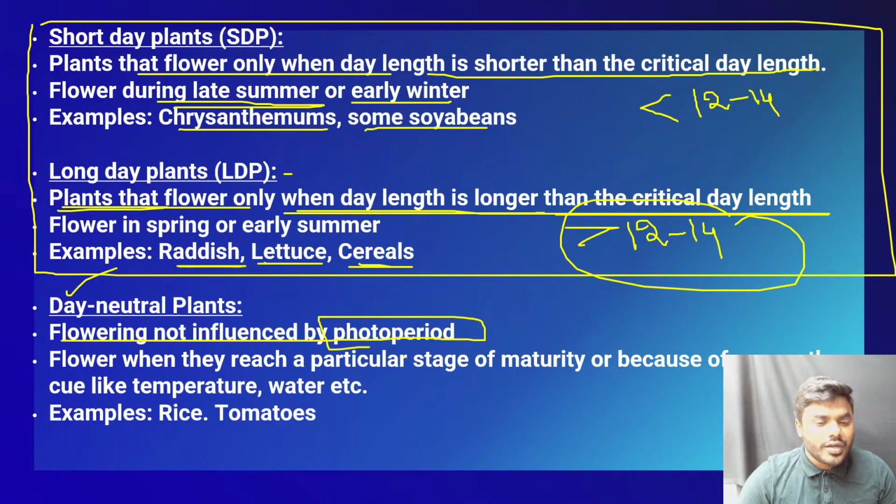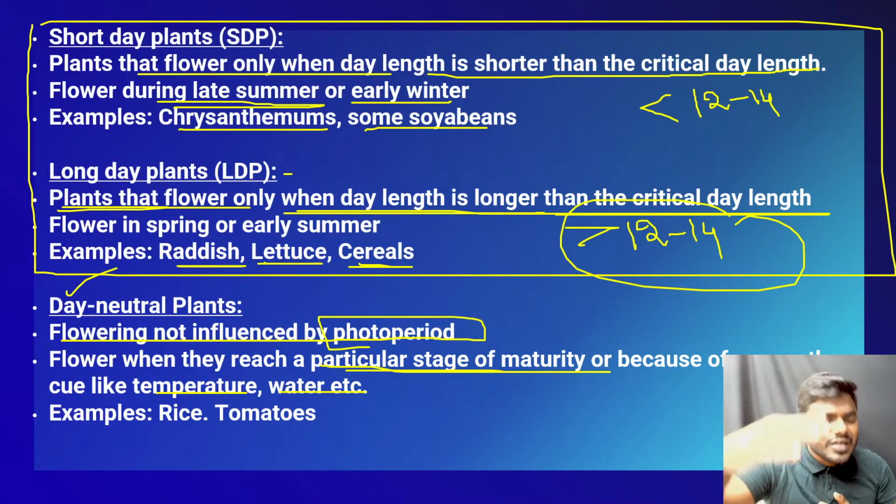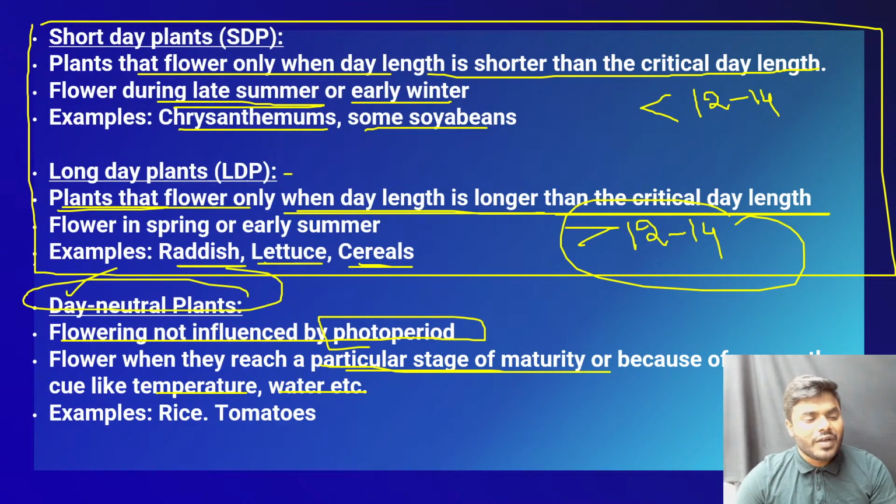Flowering only occurs when they reach a particular stage of maturity or certain external cues like temperature and water. Once they reach the particular stage of maturity, they automatically undergo the process of flowering. It doesn't matter whether the day length is more or less than normal, they normally undergo flowering. Examples: rice as well as tomatoes.